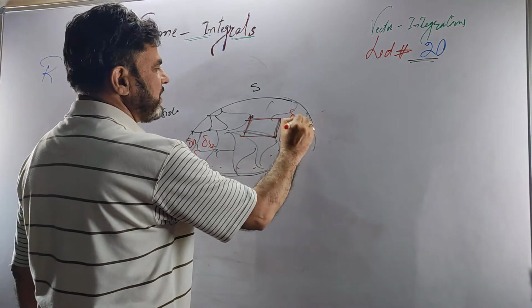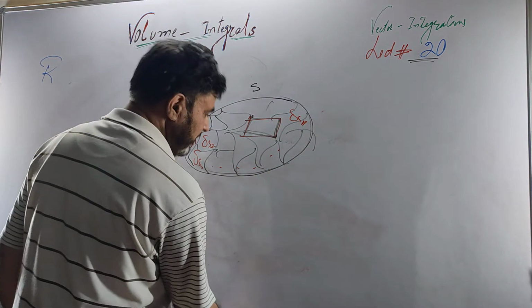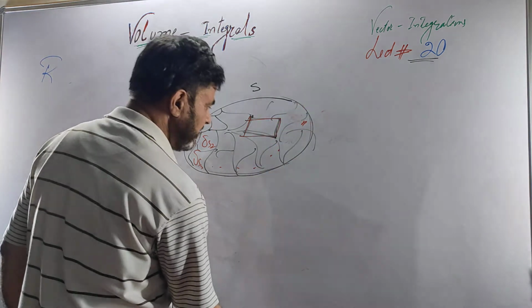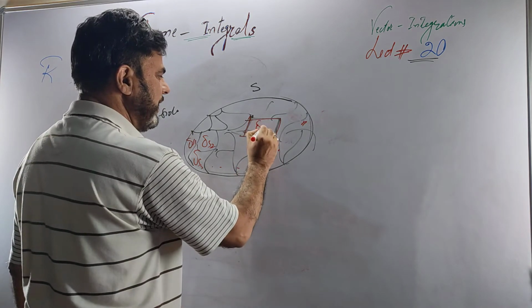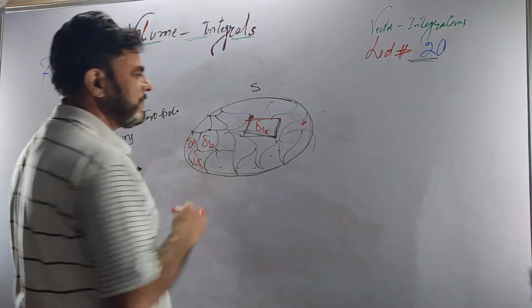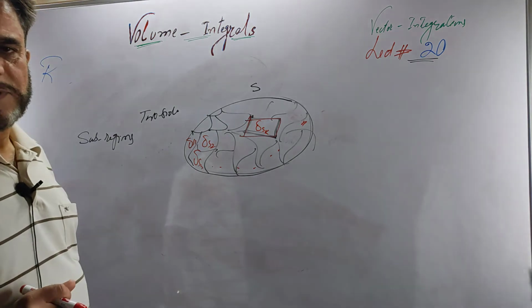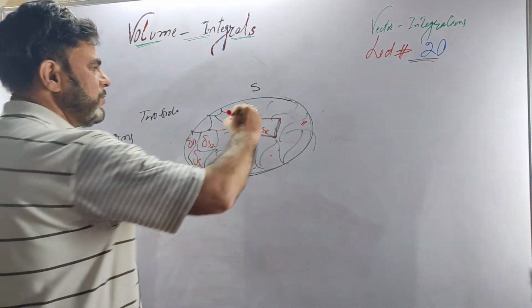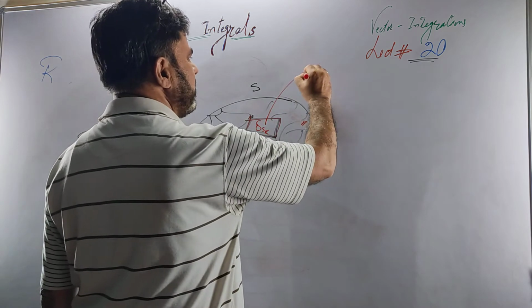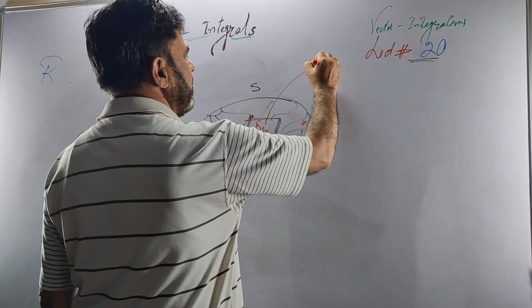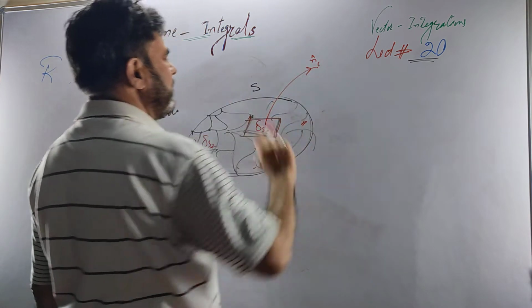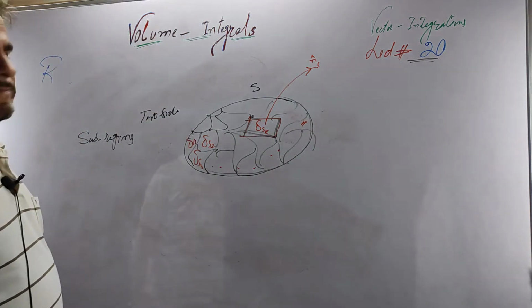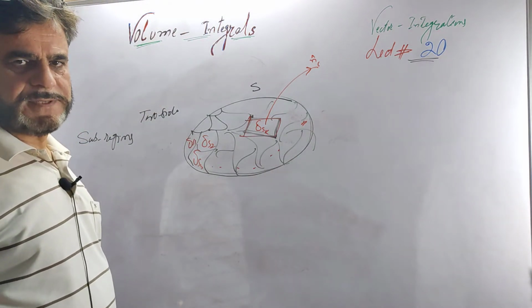Say I take delta Sk, the kth subdivision. A finite number of subdivisions of this surface. Then you take Ni, the unit vector normal to this surface.